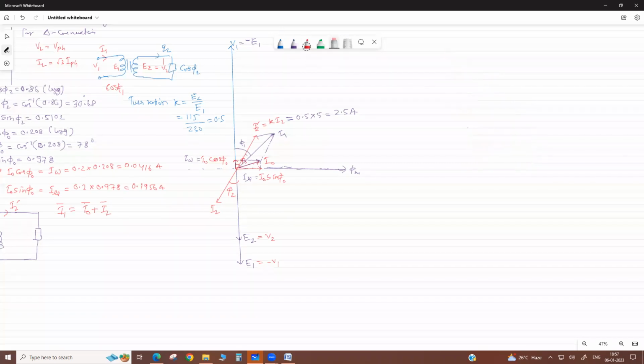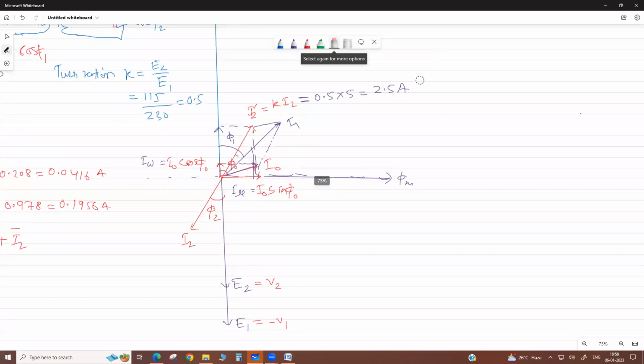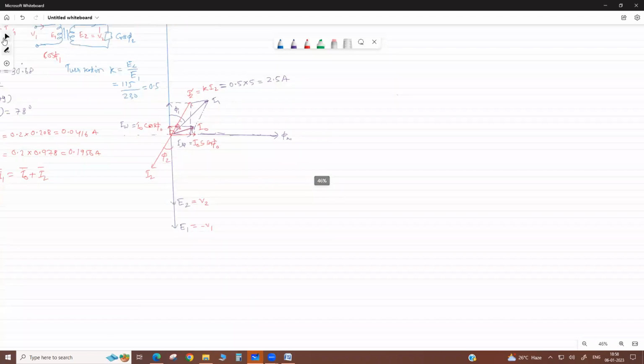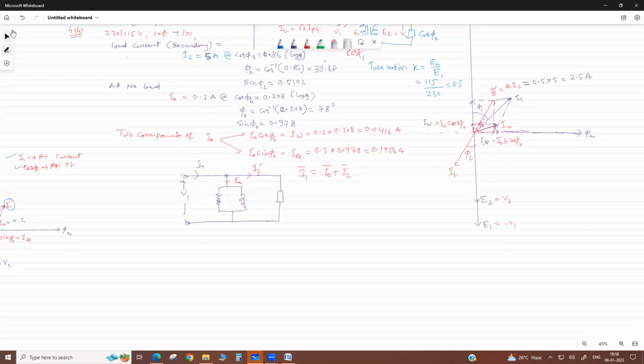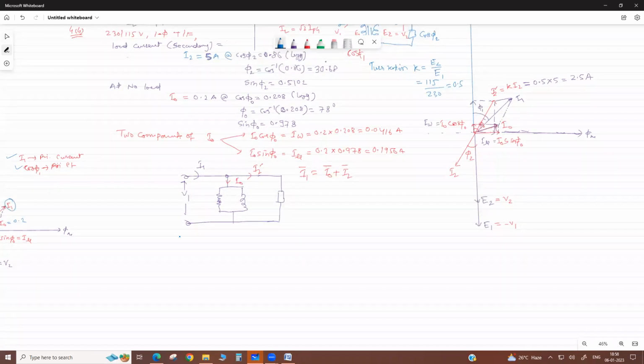Similar to I0, we also calculate the two components of I2 dash also. Here and here. Yes, these two components here also. So similar to I0, we calculate the vector for I2 dash.